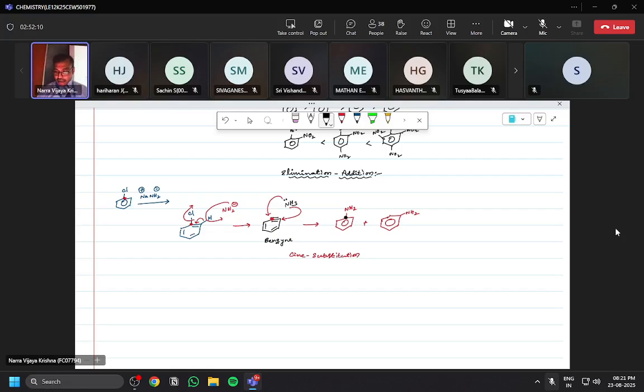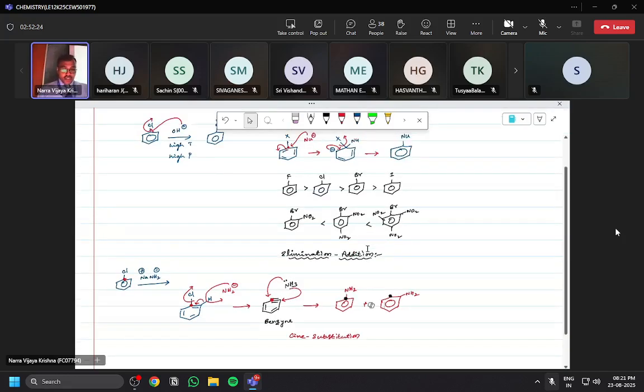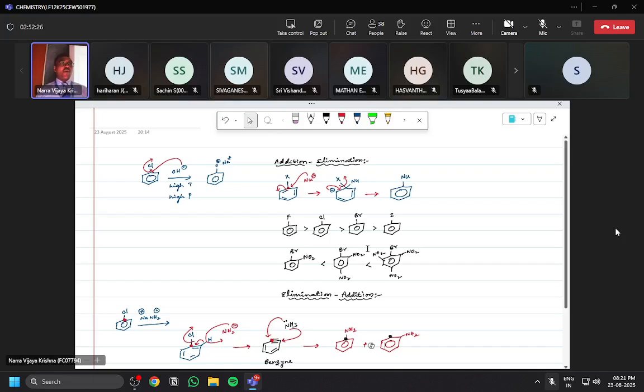Here NH2 attacked the carbon adjacent to it. Are you able to understand? Both are equally possible. This is the elimination-addition mechanism. This is addition-elimination, this is elimination-addition. In both cases, substitution happened over the benzene ring. That's why it is called nucleophilic aromatic substitution reactions.